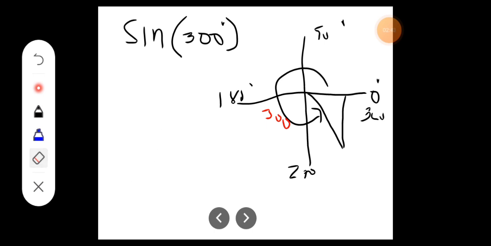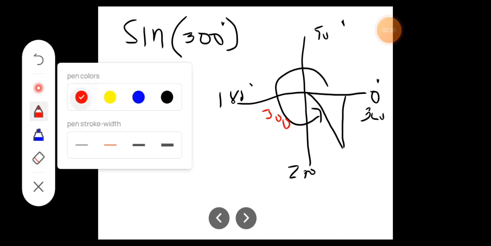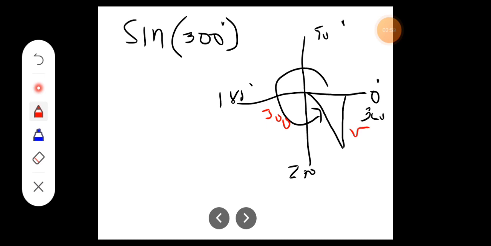Square root of 3 is across the 60. And then here is 60, then 90, then 30.